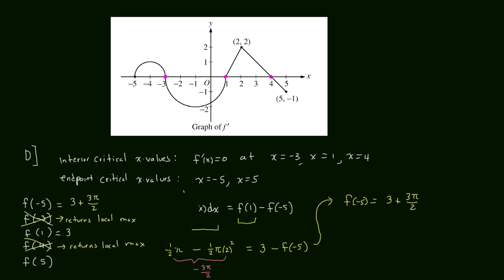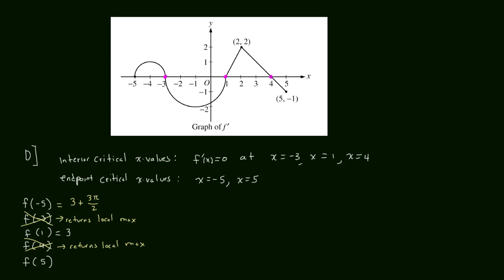Now we're going to do something similar to solve for f of 5. This time the integral I want to set up is going to be the integral from 1, I'm using that 1 again, to 5, f prime of x dx, which is the antiderivative of the top bound minus the antiderivative of the bottom bound. We're going to appeal to geometry here on the left.